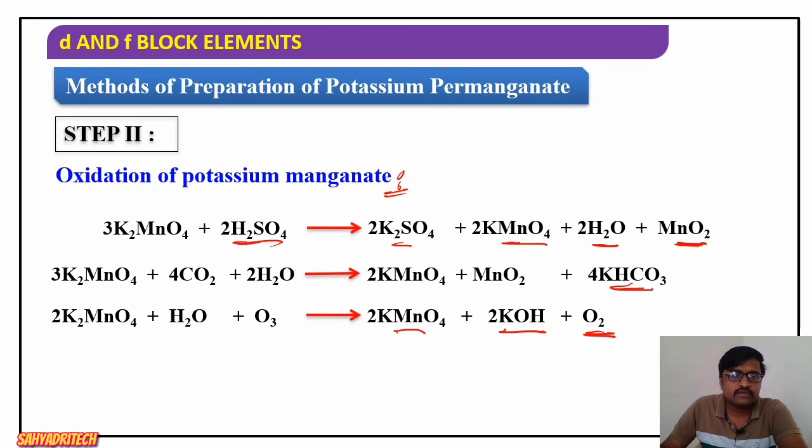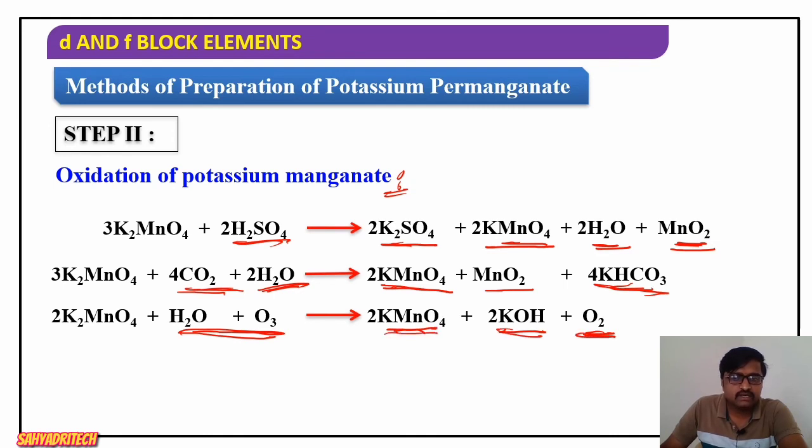So with sulfuric acid: K2SO4, 2KMnO4, H2O plus MnO2. With carbon dioxide and water: KMnO4, MnO2, KHCO3. With ozone: KMnO4, KOH and O2. What happened here? We are oxidizing potassium manganate into potassium permanganate.